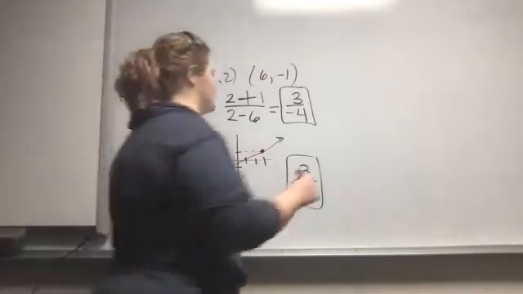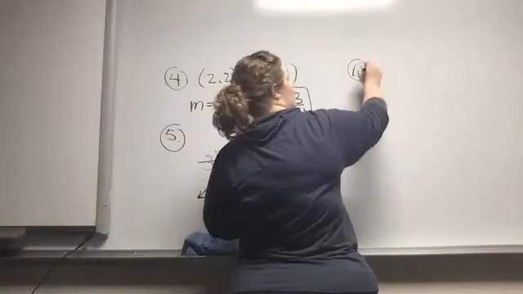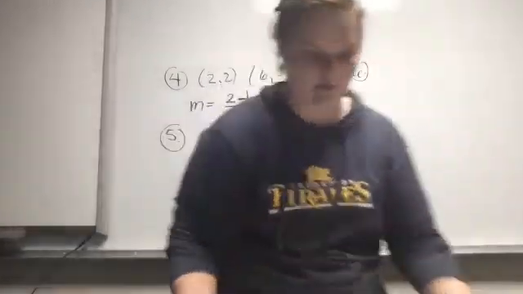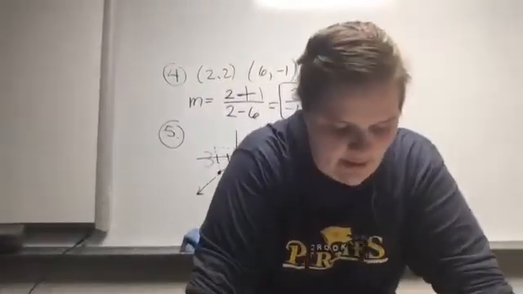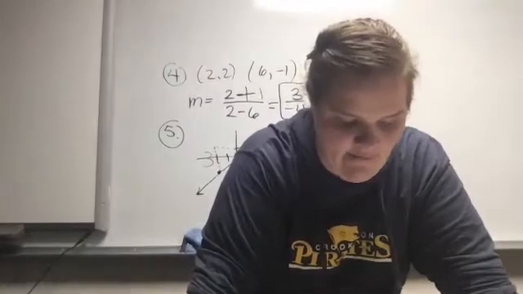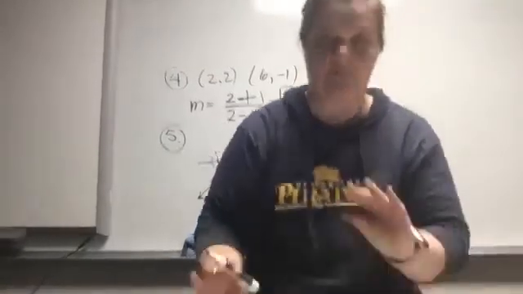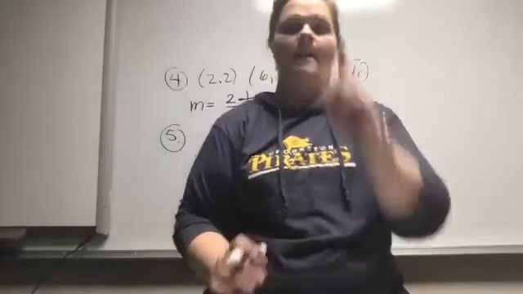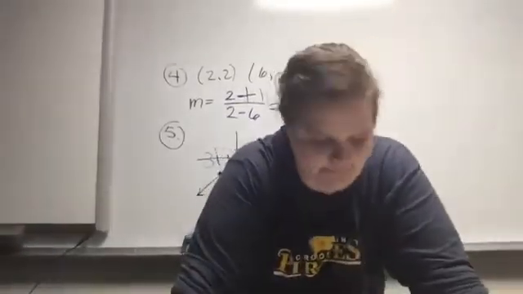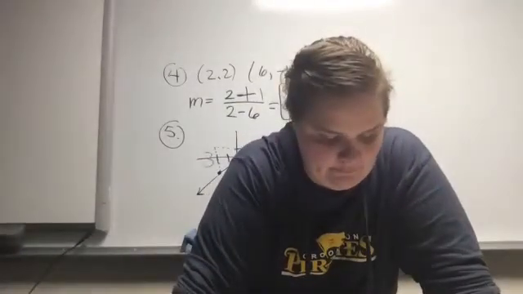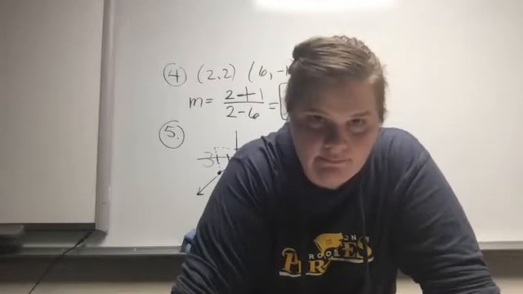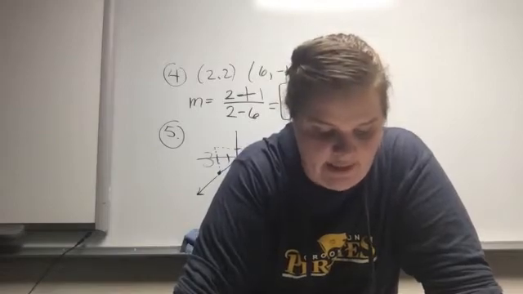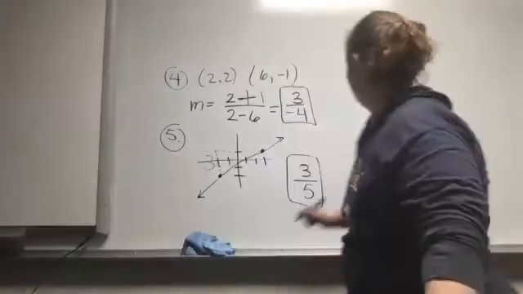Okay, so number 6, I'm not going to draw it. I'm going to try to just verbally do it with you. From one point to the other, how many did we rise from that one point to the other point? How many did it go up? Anybody? On number 6. 1. 1, good.